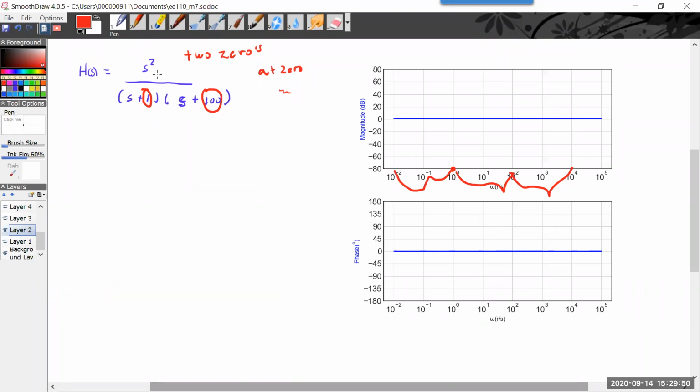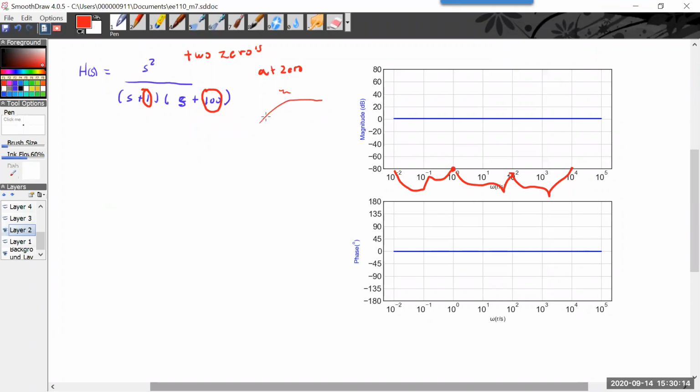So you're going to get a line going up, and we'll find that it'll be a 40 dB per decade slope. Then as S goes towards infinity, the S's cancel out and we'll have a constant gain. So it's going to start low and then go high.